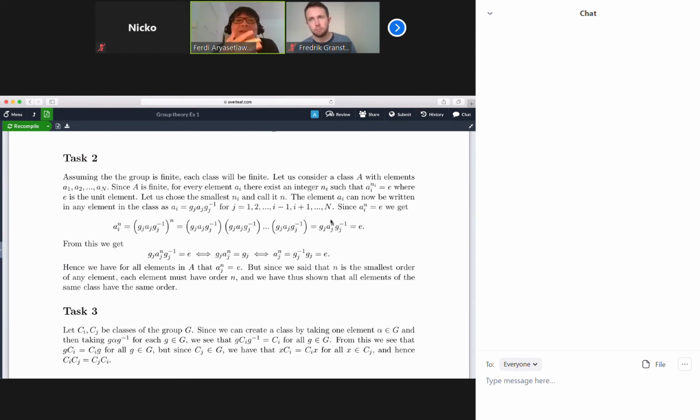This is basically because the similarity transformation doesn't do anything to the elements. It gets back to the same class. So it just brings one element to another. I think it's quite straightforward.